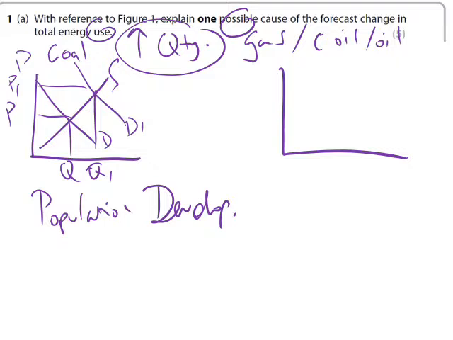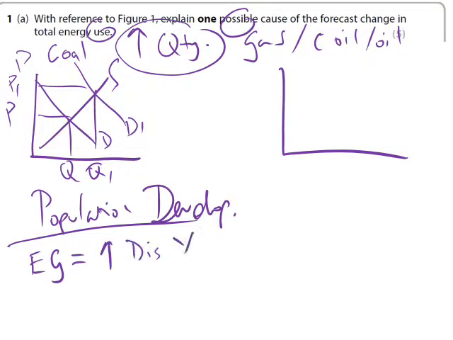Now, a better answer in terms of economics would be to look at rising incomes from economic growth. So economic growth equals a rise in disposable incomes.